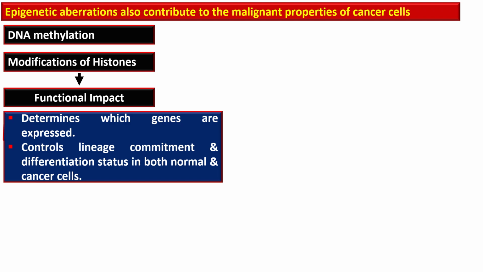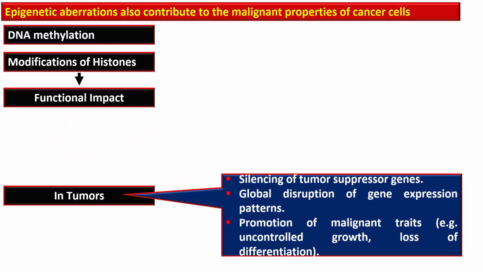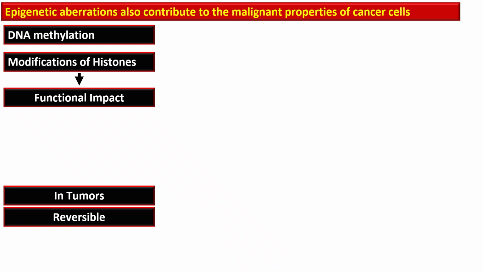Epigenetic marks are typically inherited by daughter cells, maintaining cellular identity. The aberrant epigenetic changes in cancer can arise spontaneously like mutations, and they result in silencing of tumor suppressor genes, global disruption of gene expression patterns, and promotion of malignant traits, for example, uncontrolled growth and loss of differentiation.